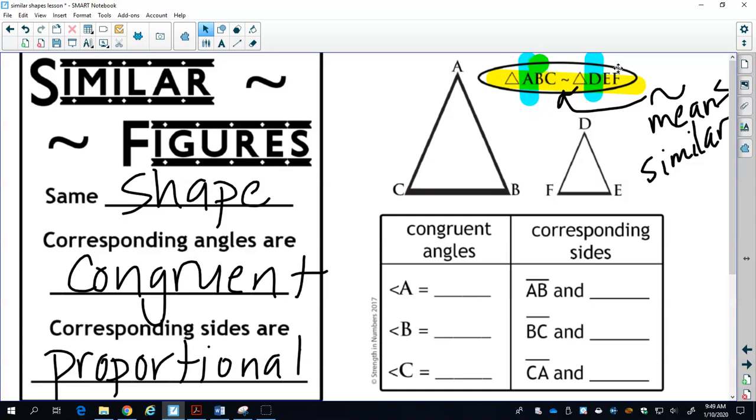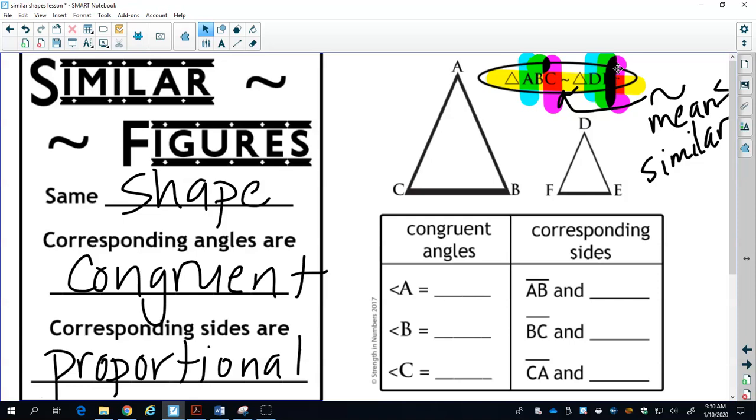B goes with E. And then finally, C over here is going to go with F. Okay? So it's showing which ones go together, which angles are congruent to one another. We'll go back to that later.